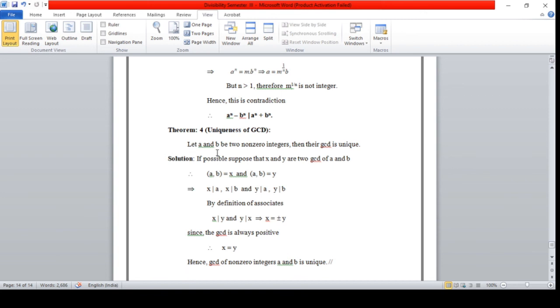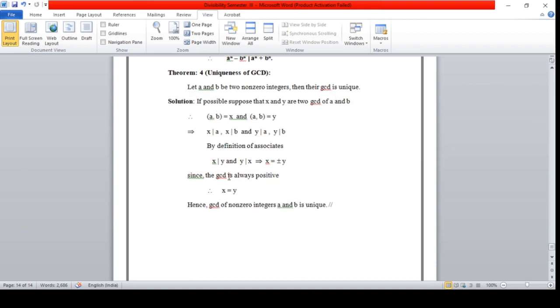This implies x is equal to plus minus y or y is equal to plus minus x. Since the GCD is always positive, therefore x is equal to y. Hence the GCD of non-zero integers a and b is unique.